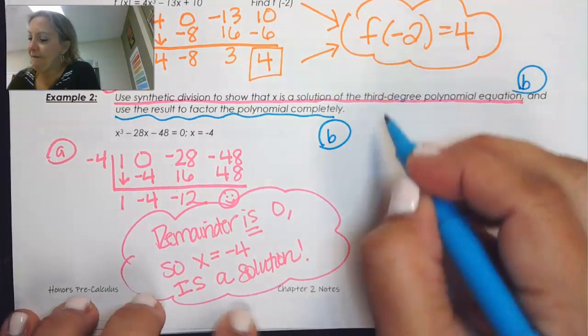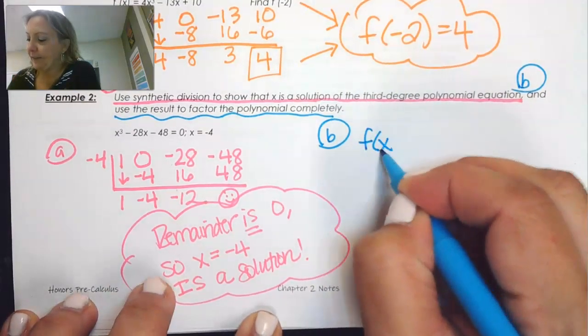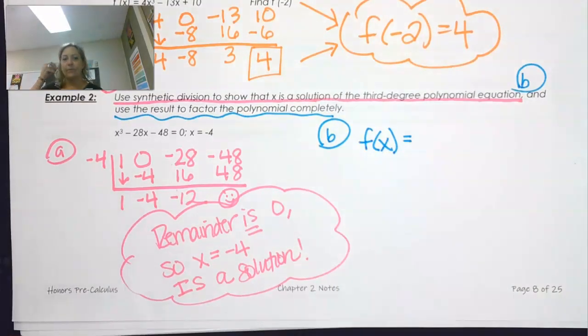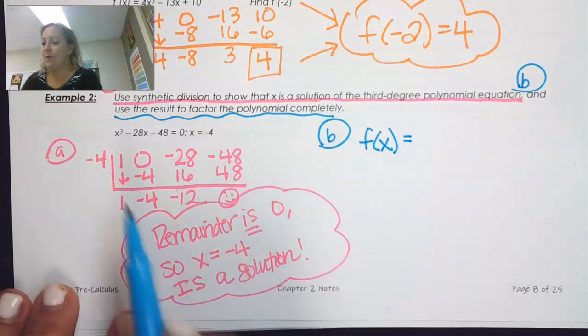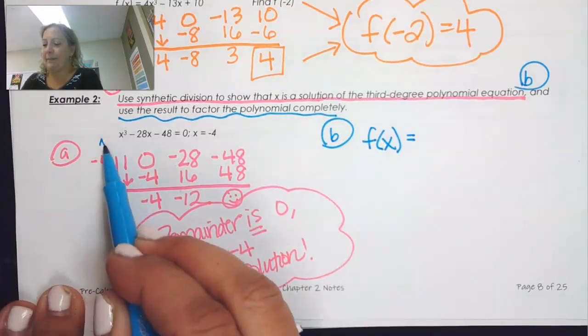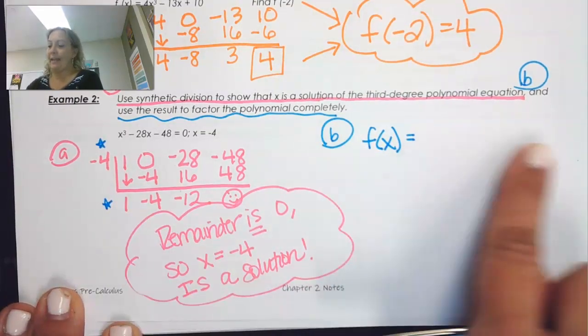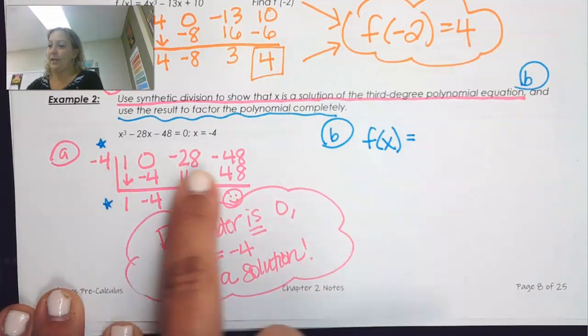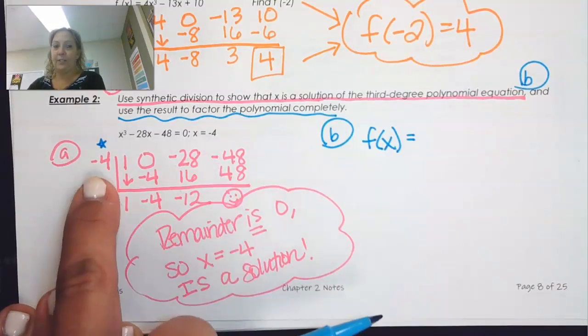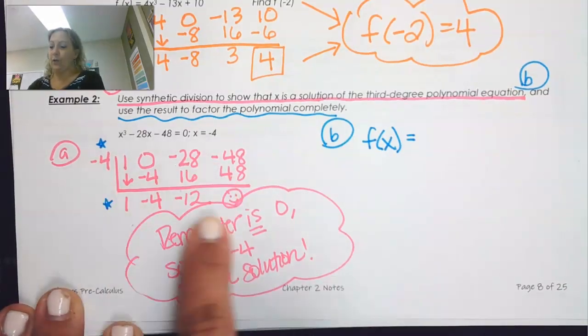So let's have our f of x. I know I didn't name it that, but here we'll just have f of x equals. And then let's see what we have. Each of these are going to be pieces that are multiplying together. Because here was our dividend, here was our divisor, and here was our quotient.